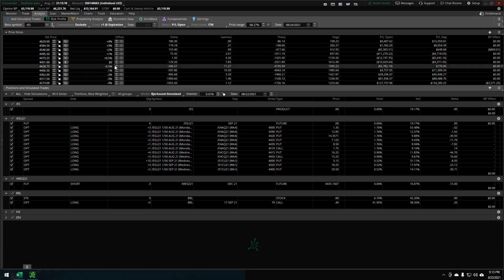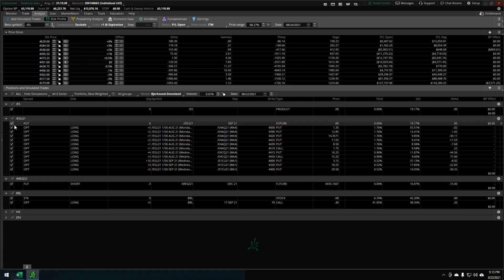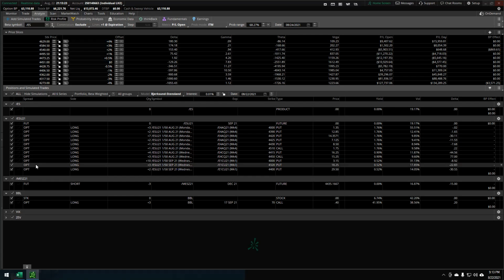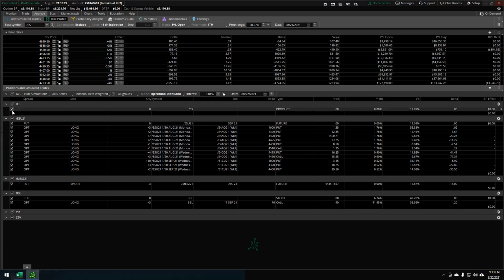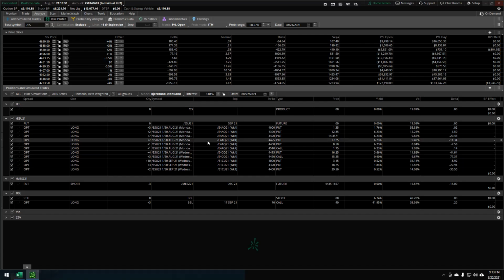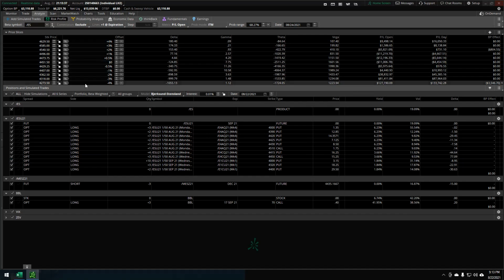This is the way that, for any question about how you can set your risk profile, there is a very simple tool. You have all your positions. You can take one off or put it on, and you can see how much that position is going to give you based on the S&P's movement. Of course, this is not exact, guys, and it doesn't take into consideration increases and decreases in volatility.